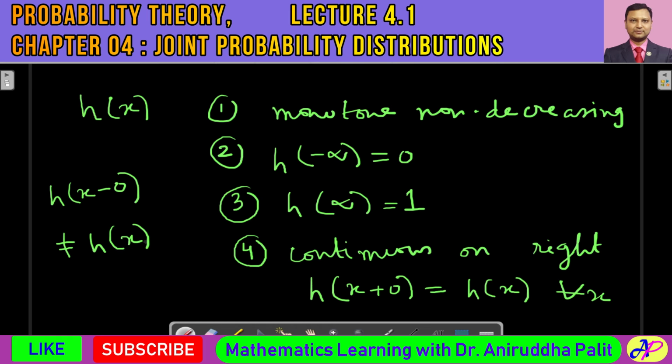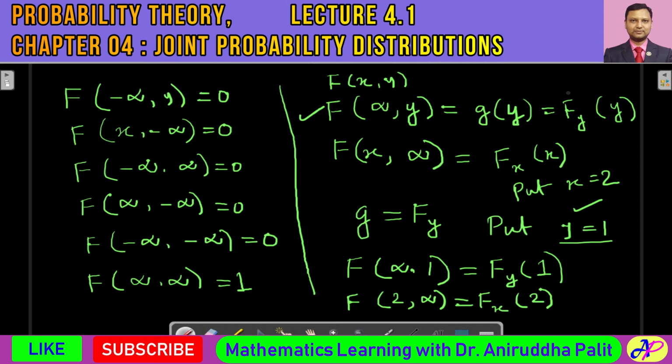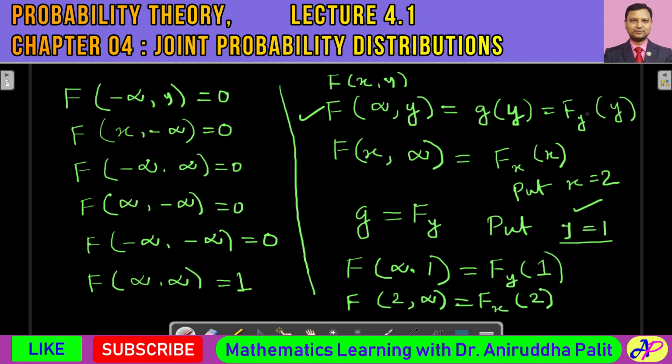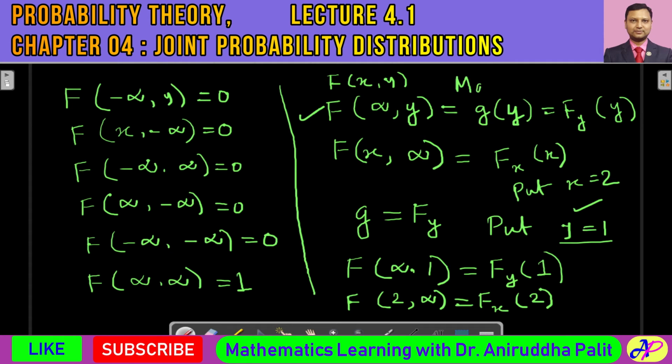You can check that all these four properties are satisfied by the functions f suffix y and f suffix x, and that's why we can say that these two functions designate a certain kind of distribution function, and the corresponding distributions are called marginal distributions.